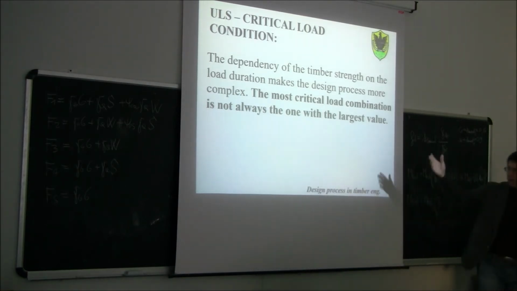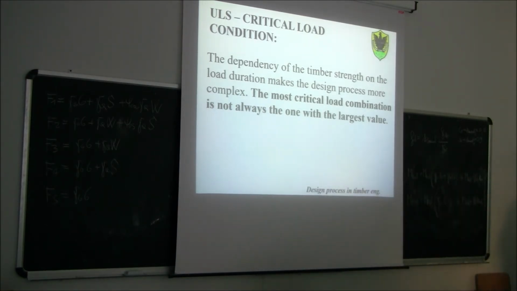So you have to consider 5 load combinations. And then you need to calculate for each of those load combinations the K-mod factor. Okay? And then, strictly speaking, you should do 5 verifications like this, with the different K-mod factors.